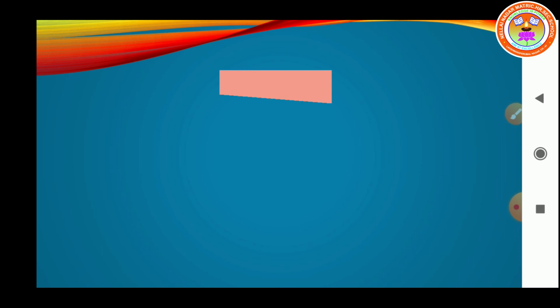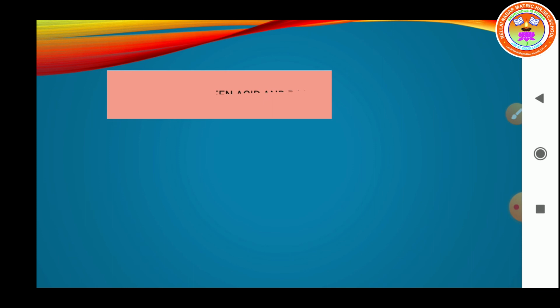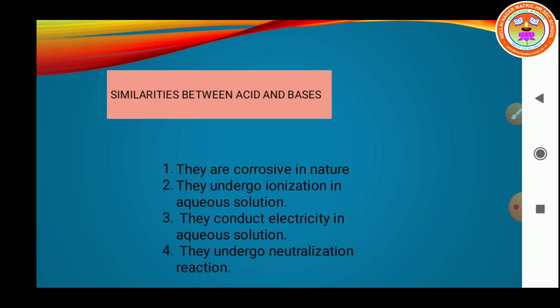After finishing the chemical properties of bases, some of the properties are similar for acids and bases. So the next topic is similarities between acids and bases. What are the properties that are similar?